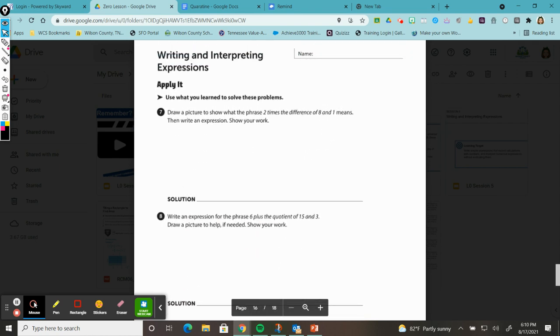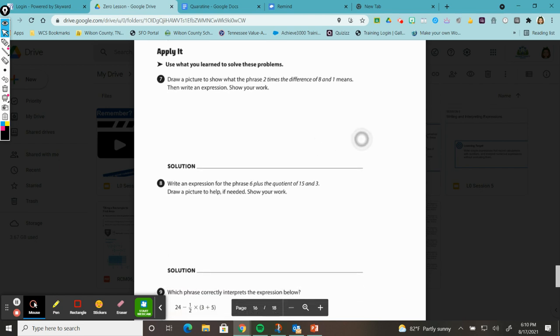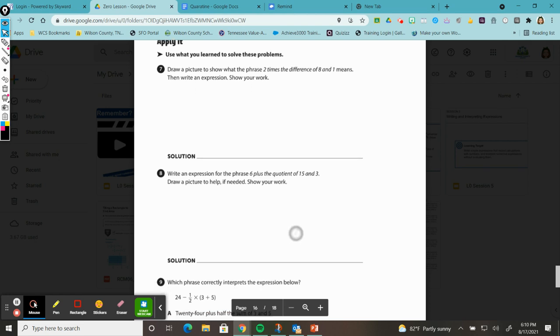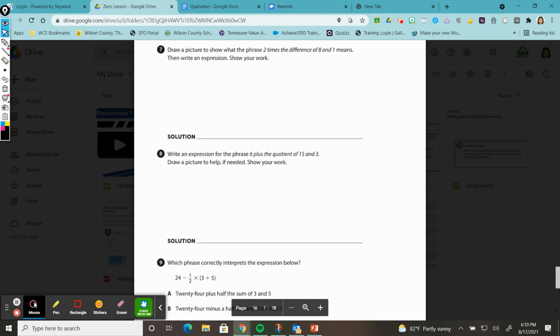Okay, now we get to the apply it. So we are going to look at number 7 together, and we will also look at number 8. Taking a look at number 7, there's a couple of steps that you need to do.